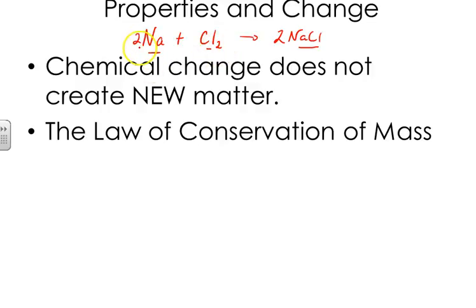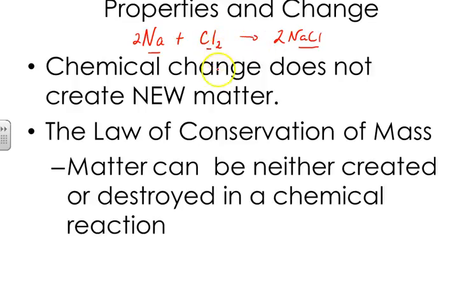So as an example, we have 2 sodium atoms here. We have 2 sodium atoms in the end result. We have 2 chlorine atoms, and we have 2 chlorine atoms. What's happened, though, is that the chlorine atoms have separated from one another and have united with sodium atoms. So we didn't lose anything, which is the law of conservation of mass.